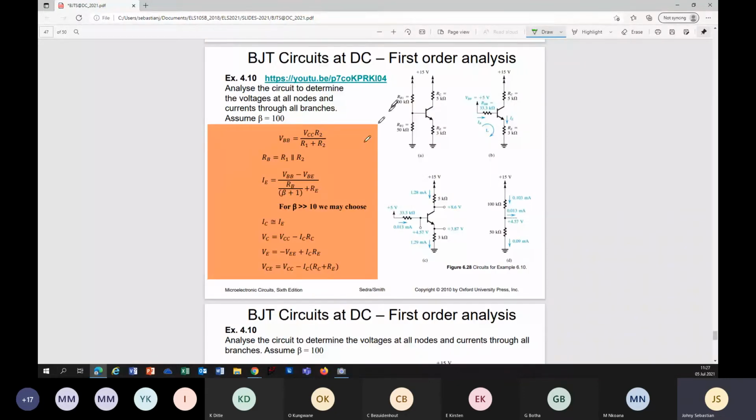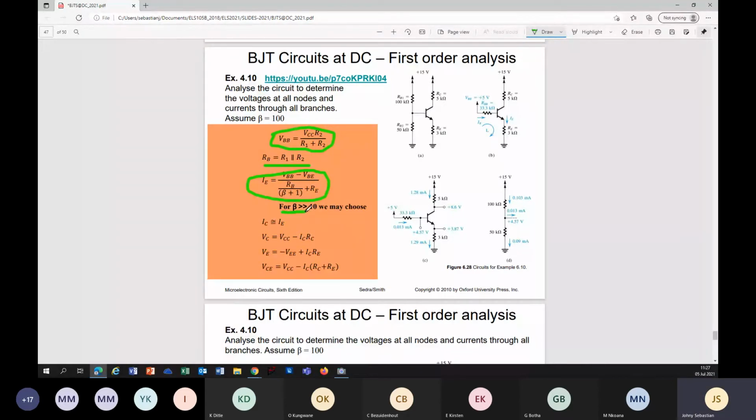What we are going to do is take an example. We have a voltage divider bias here, 15 volt supply voltage, R1, R2, RC, RE. How do we analyze? We go according to the sequence we learned just now. First, we calculate VBB. Then we work out RB, which is R1 parallel R2. Then we work out emitter current. And again, one more assumption.